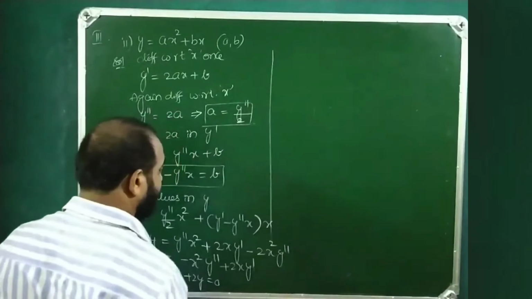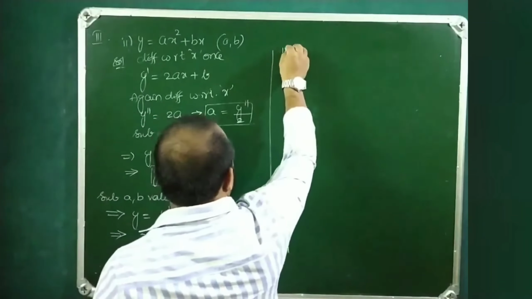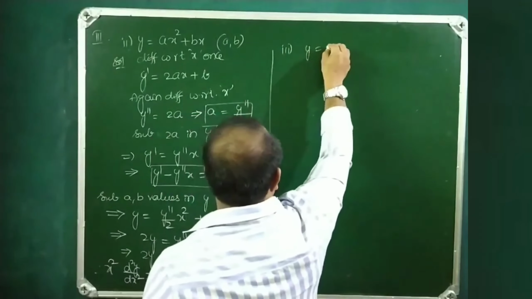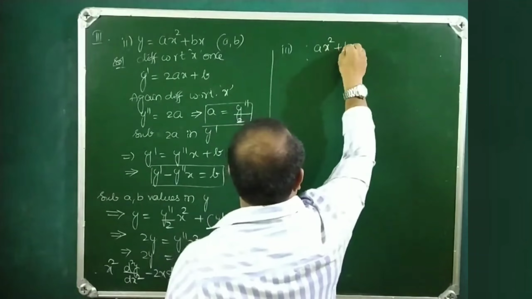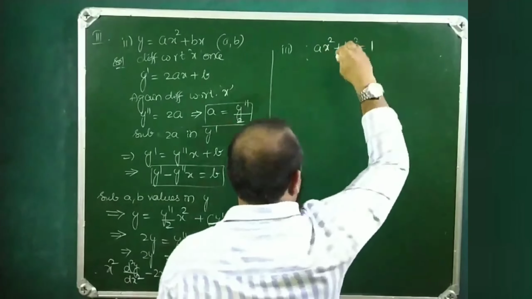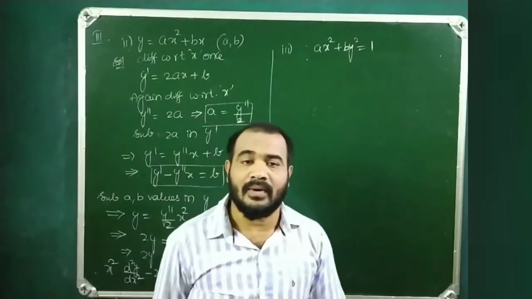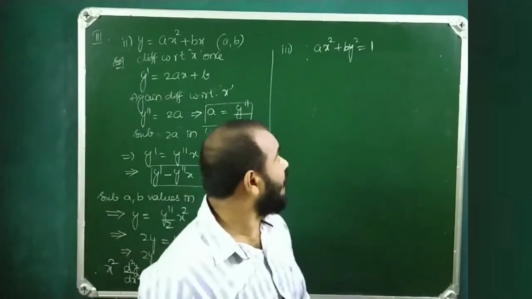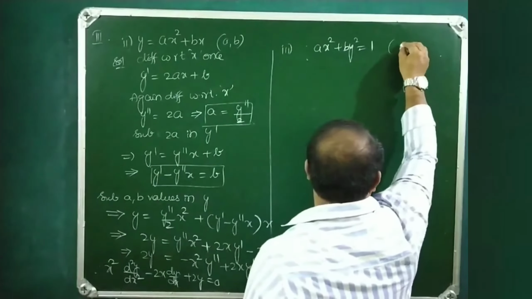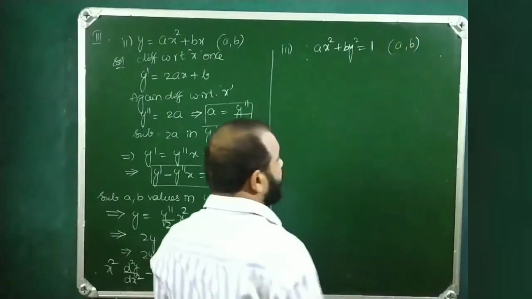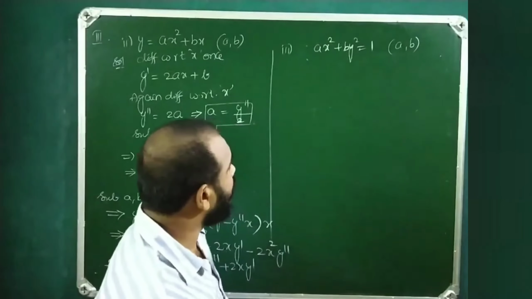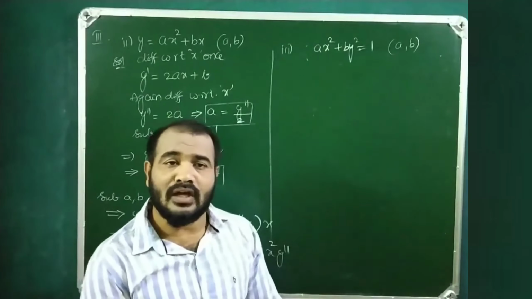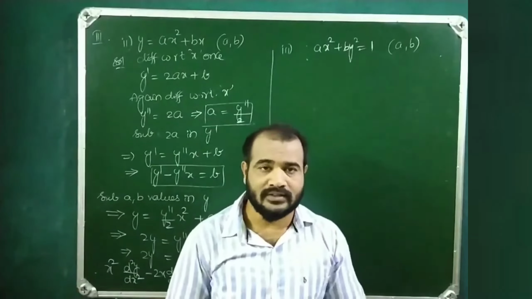Now, the third one is ax² + by² = 1. Here we have to eliminate the parameters a and b. So obviously we have to differentiate it twice.